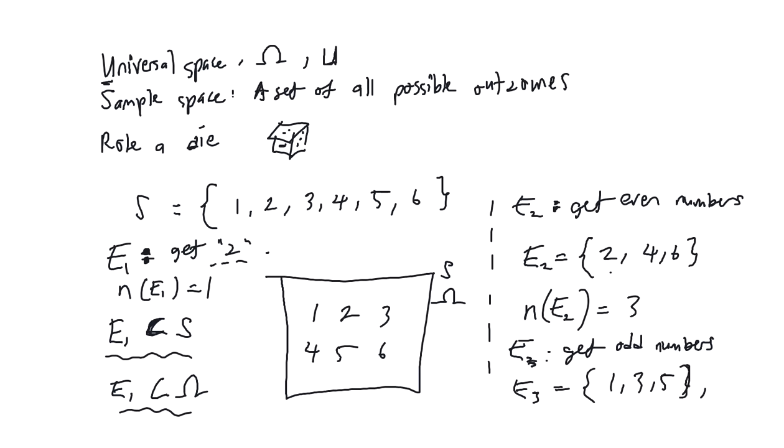And n(E3) is also 3 as well. With all this definition, I can see that event number 2 is a subset of event number 3 because we have 3 in event number 3, and 3 is in event number 2.